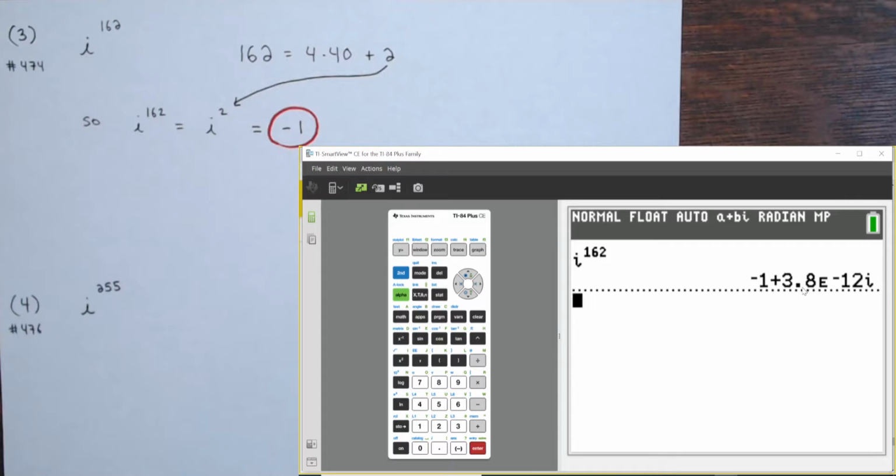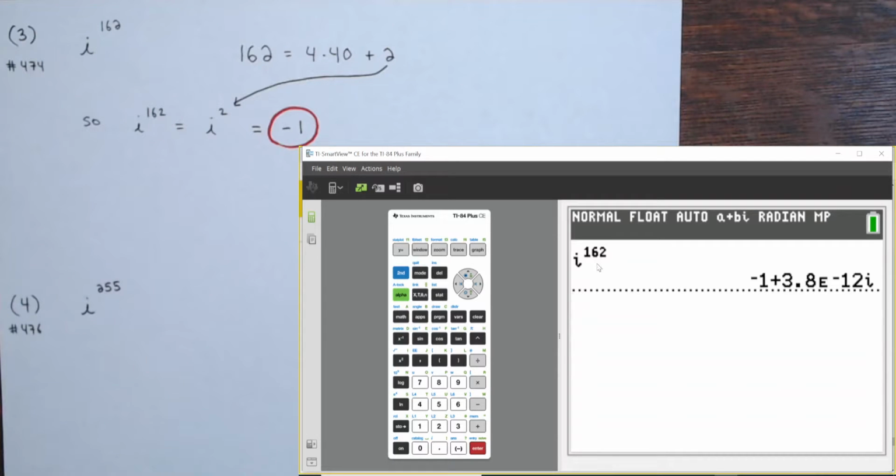This is basically 0. And the reason this happens is because of the way calculators round. Calculators aren't perfect, so don't always accept them with 100% faith. 3.8e-12, this is basically 0i.